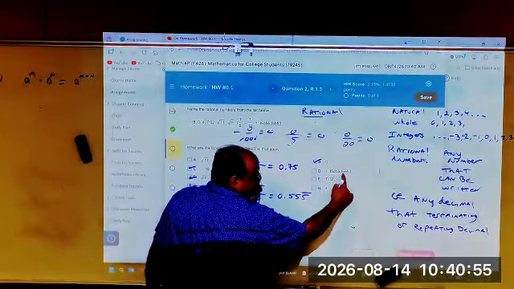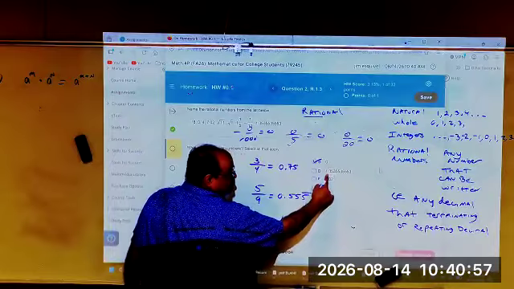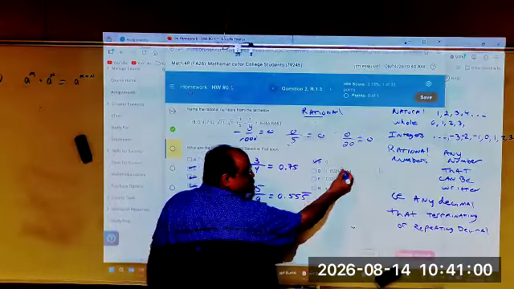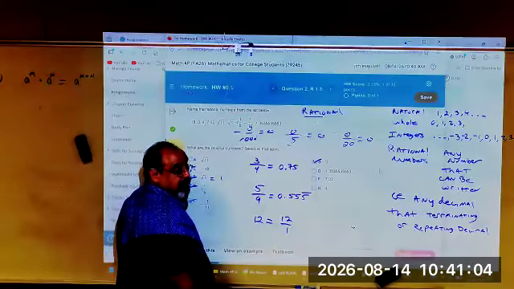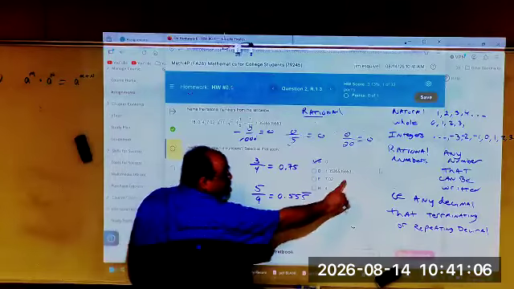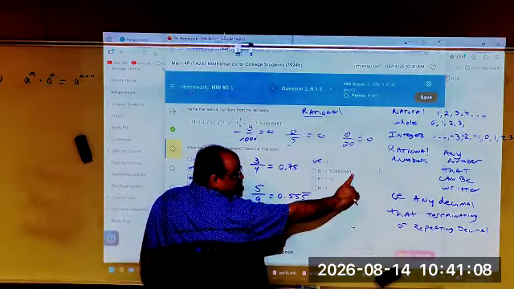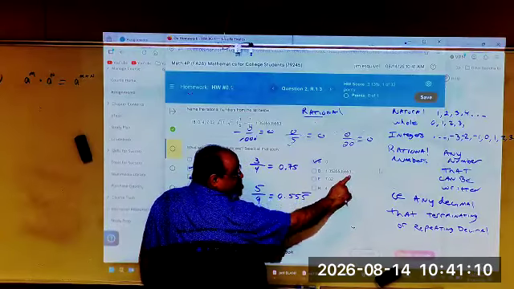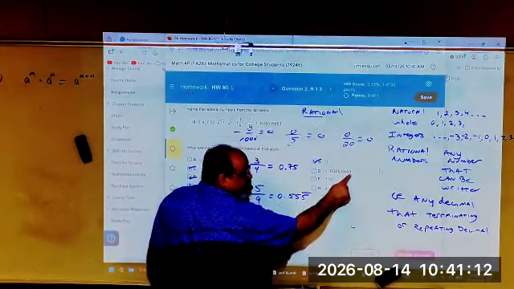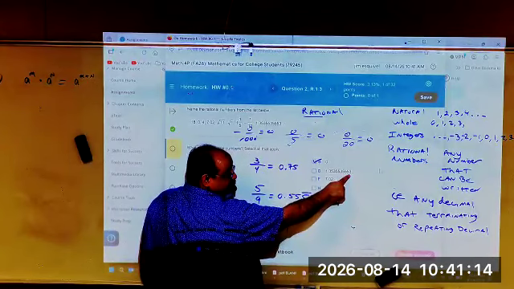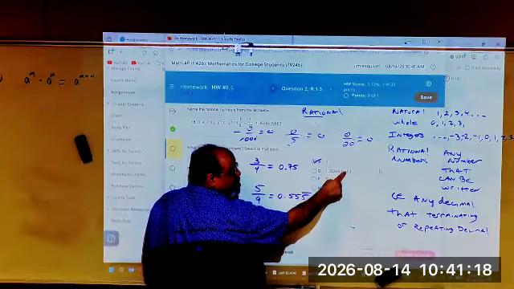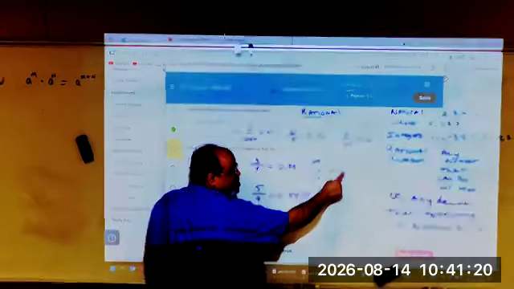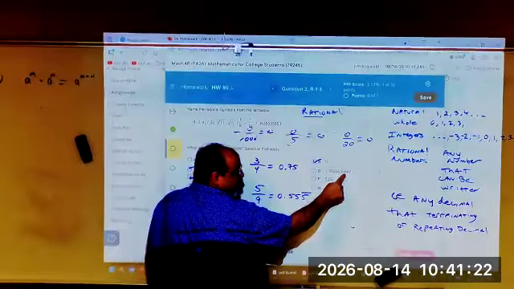Does this repeat? If it repeated, you'd have a bar somewhere. There's no bar over any digits, so it's not repeating. You see the dot, dot, dot, the ellipsis? That means it keeps on going, so there is no last digit. So this is a non-terminating, non-repeating decimal, so that means it's not rational.